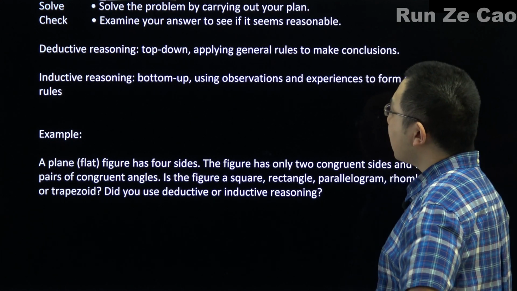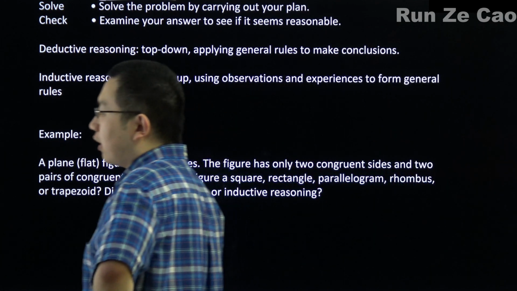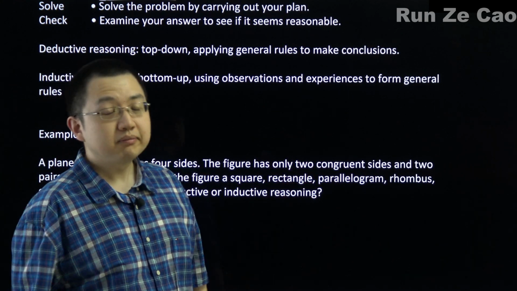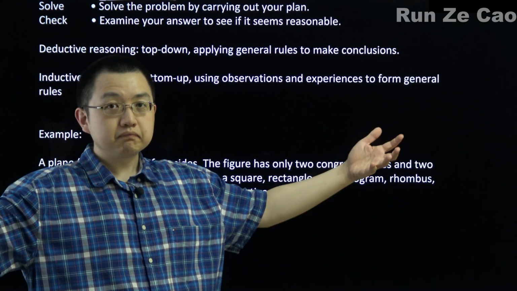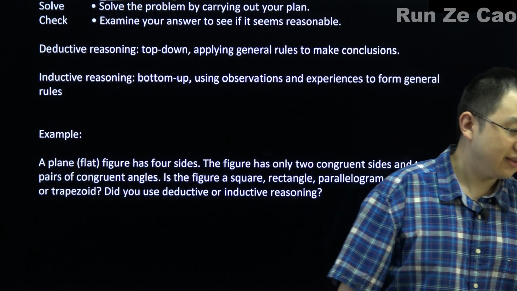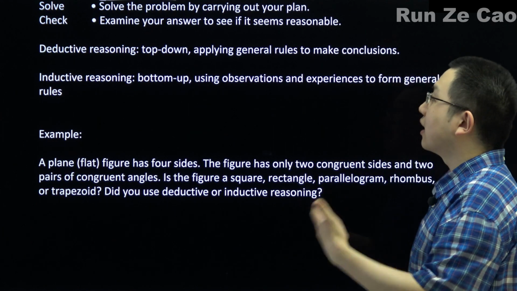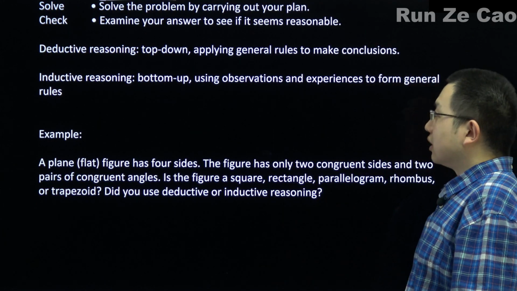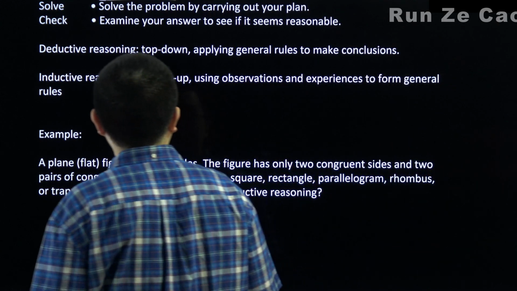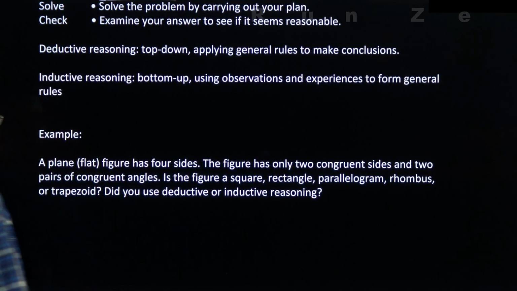A human is a tetrapod, therefore a human has 4 legs. Well, 4 limbs. So that is deductive reasoning. You applied the general rule to make a conclusion. Inductive reasoning is bottom up, and you usually use observations and experiences to form general rules.